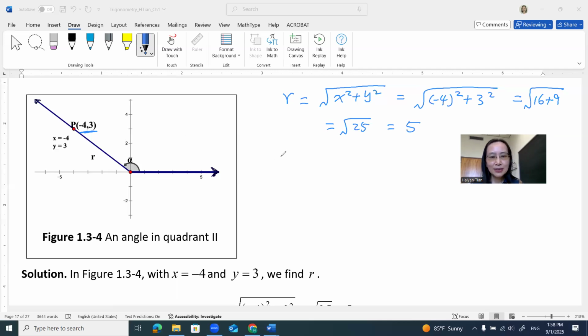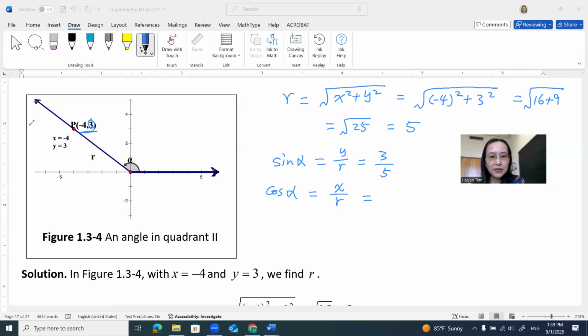So let's write sine alpha. If you remember the definition, let's apply it. It's y over r. Y is 3, so 3 over r, which is 5. Now cosine alpha is, by definition, x over r.